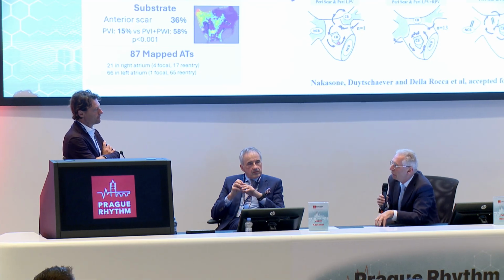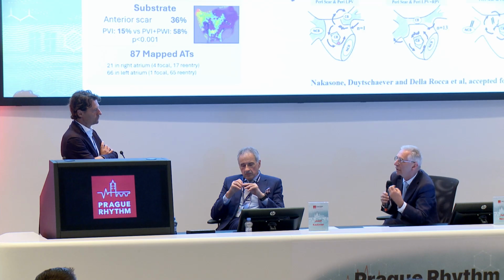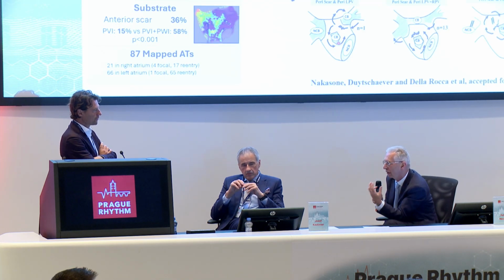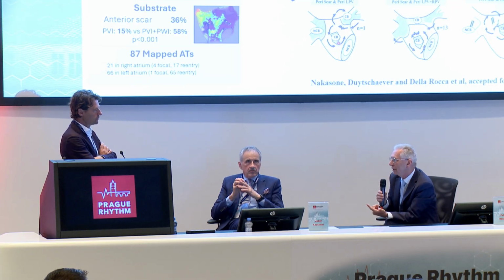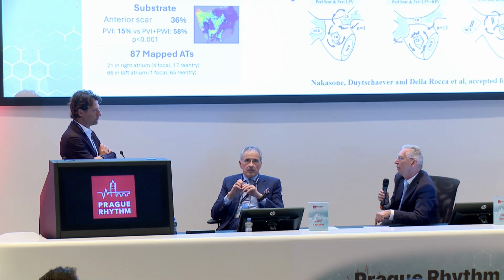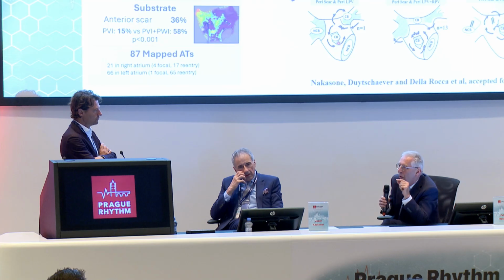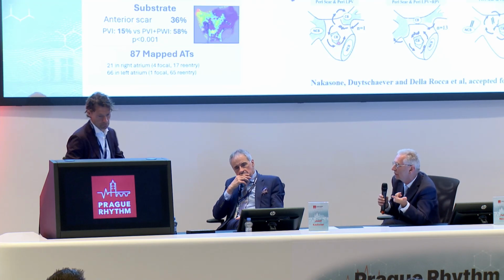It's not predictable, immediately after the index procedure, what's happened, okay? So we can create, even with PFA logically, a substrate for potential other re-entries. So I would love to have, immediately after the index procedure, some parameter to predict whether there is potential rotational activity or not.